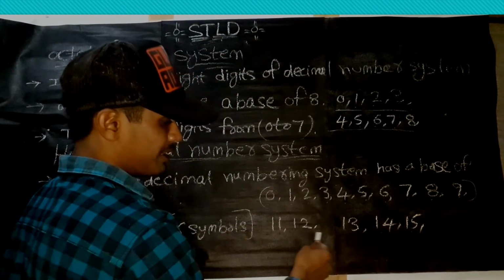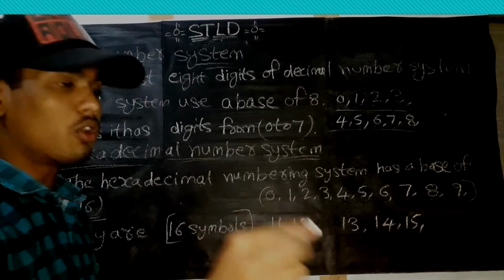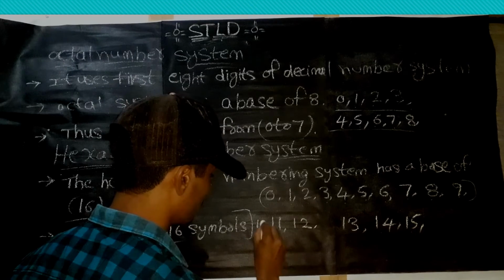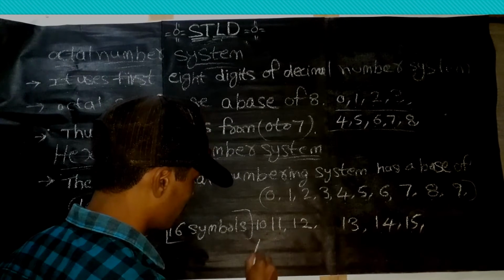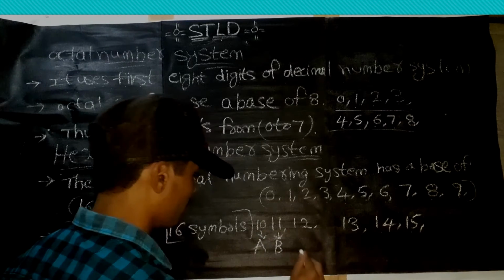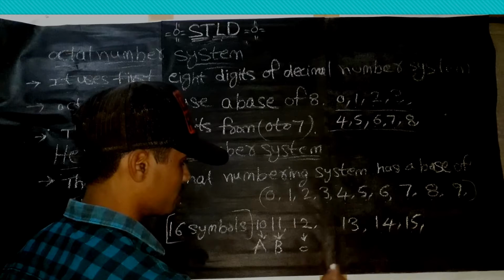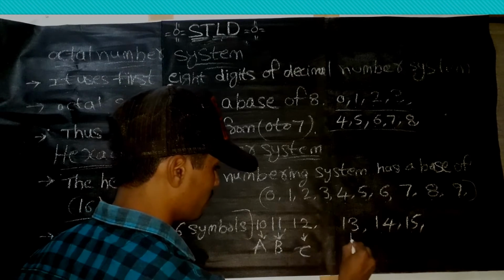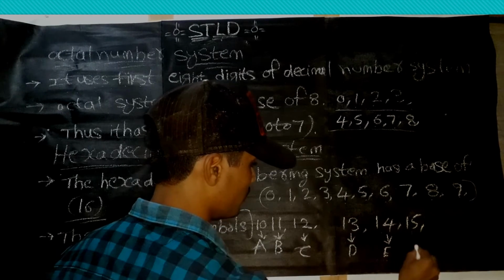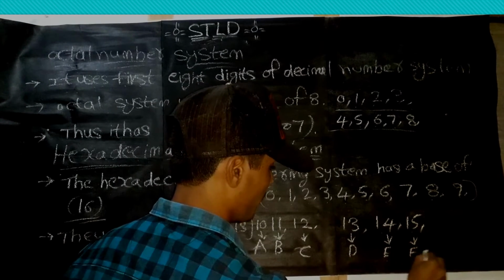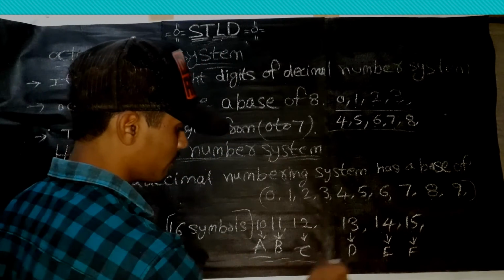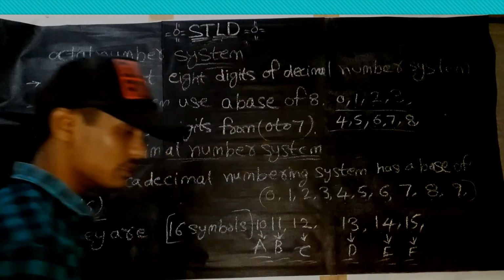These digits are replaced by A, B, C, D, E, F. These are the hexadecimal symbols.